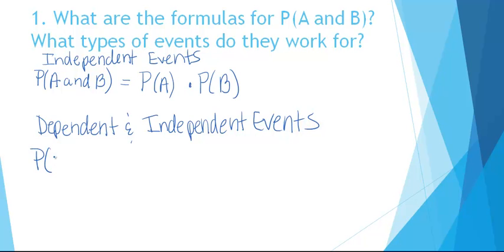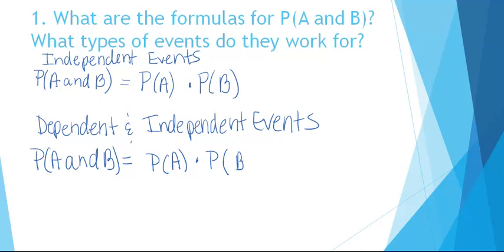The probability of A and B is equal to the probability of A times the probability of B given A. This is a conditional probability right here. As soon as you have a conditional probability, and they're asking you to find the probability of A and B, right away you should know, I need to use this formula. I can't use this one. So always, just in case, use this formula if you have some type of conditional probability.